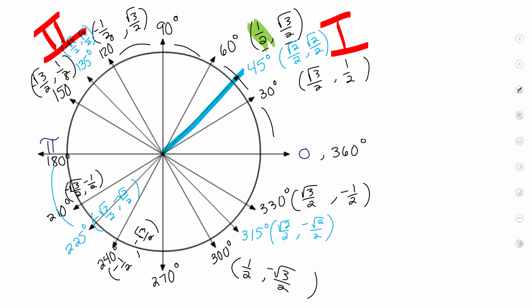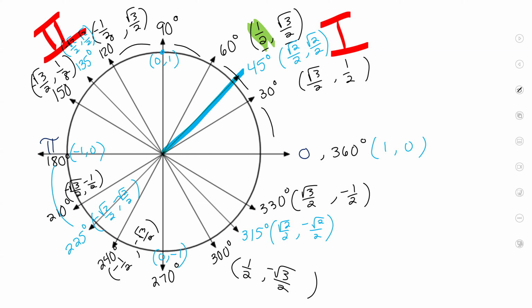Okay, so we have all of the coordinates. Of course, everyone go through. The coordinates for this is 1, 0. The coordinate at 90 is 0, 1. At 180, it's negative 1, 0. And at 270, it is 0, negative 1. So we have the coordinates for the entire unit circle now.